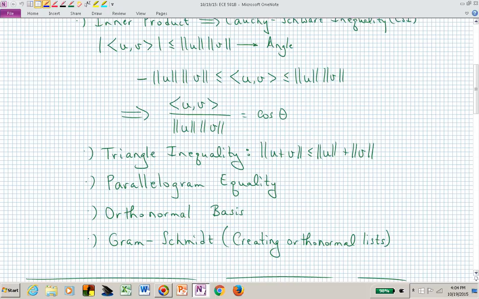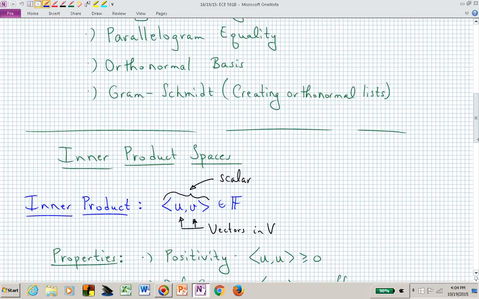So that's creating an orthonormal list. If you have a set of basis vectors, can you now create, via this Gram-Schmidt process, a way to orthogonalize those vectors and normalize so that you now have an orthonormal basis? That's where we're headed in chapter 6.